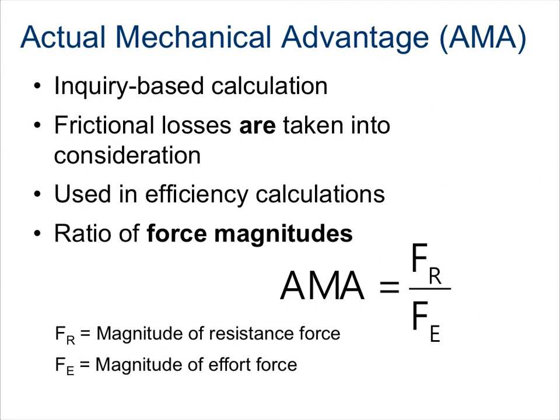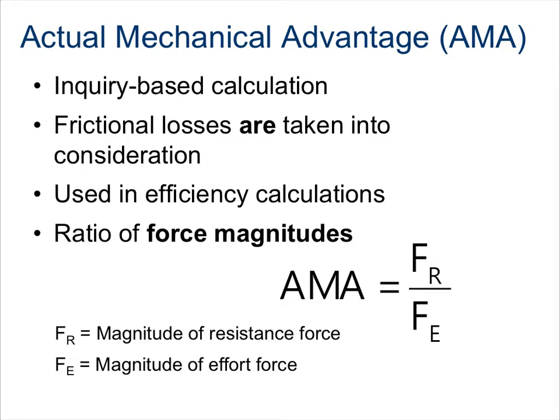But because we do not live in an ideal world, we need to know what the real mechanical advantage is so that we can account for and plan for those losses. We refer to this more realistic mechanical advantage as actual mechanical advantage, or AMA. AMA takes into account all of the energy losses in a machine and is defined in terms of the magnitude of the effort force, FE, which is our input, and the actual magnitude of the force that the machine produces, which is our resistance force, FR.